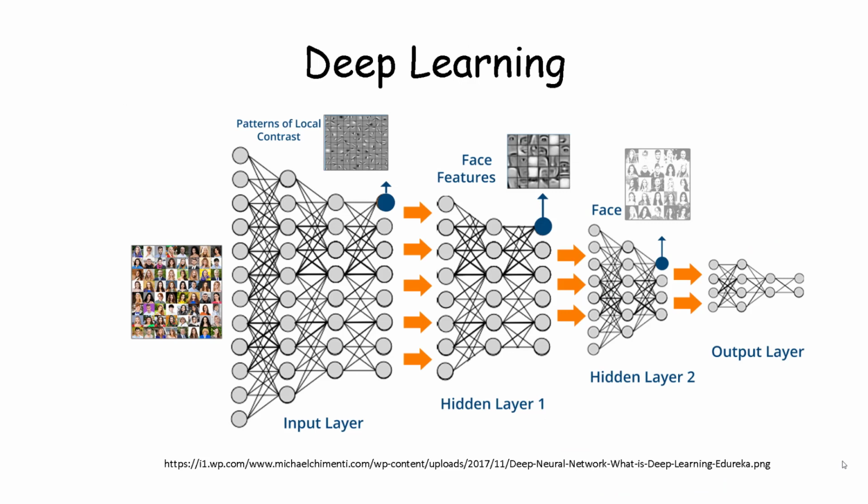I would like to mention some of the more advanced forms of neural networks before I finish this lecture. Deep learning has been quite popular in recent years, especially in image processing applications such as facial recognition. Deep learning is essentially a neural network with many hidden layers.